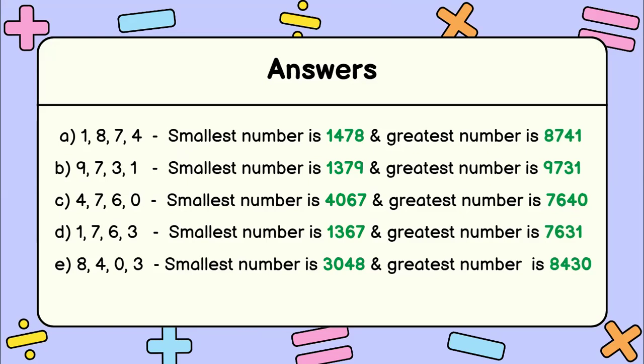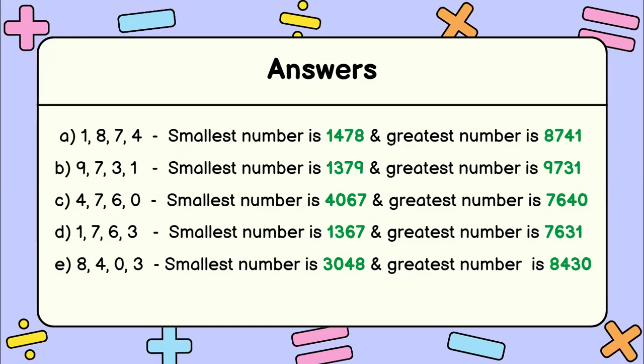Let's see in the B sequence. We have the numbers 9, 7, 3, and 1. The smallest number we got is 1379. 1 is the smallest, 3 is the second smallest, 7 is the third smallest, and 9 is the biggest.